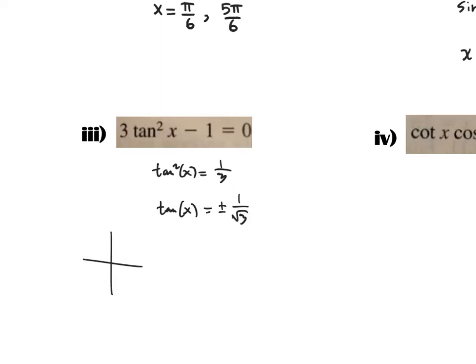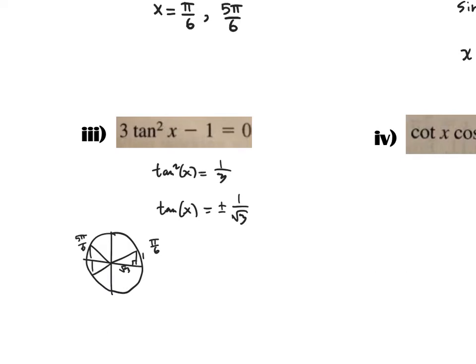Good circle. There we go. Okay, so the tangent would be 1 over root 3 at an angle of pi over 6. It will be negative 1 over root 3 at an angle of 5 pi over 6. It will be positive.